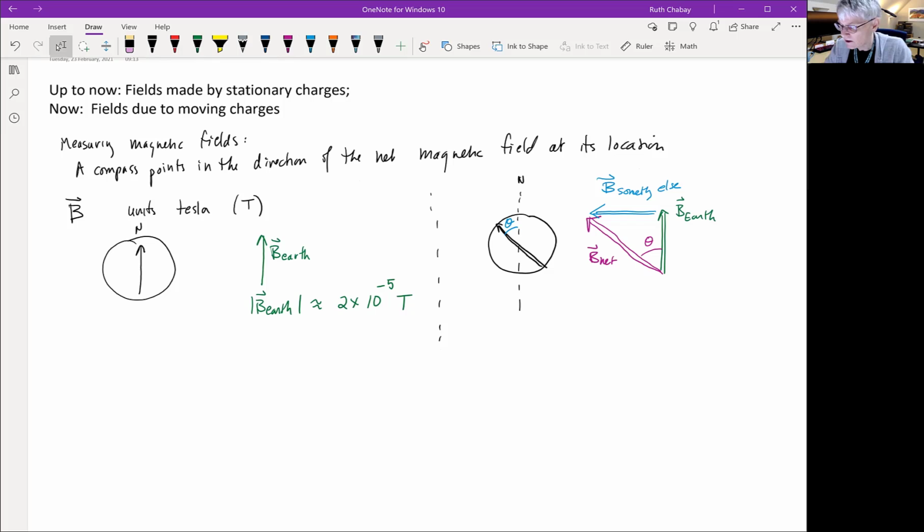Well, we can see that the relationship of the magnitudes is that the ratio of the magnitude of B other to B Earth is just going to be the tangent of that angle theta.